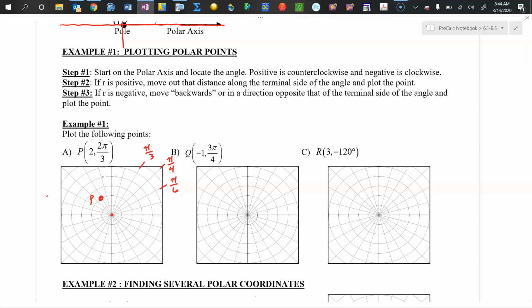Example B, you will notice, has a directed distance of -1 and a directed angle of 3 pi over 4. So again, we're going to start at the pole. We're going to draw in our polar axis.